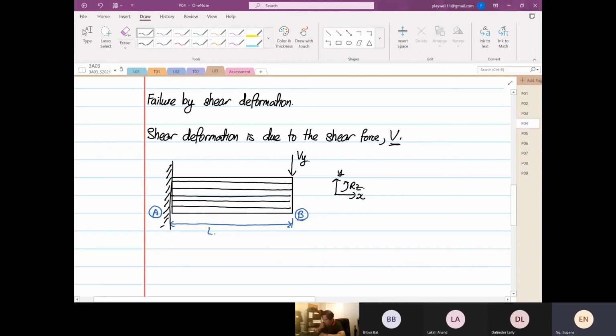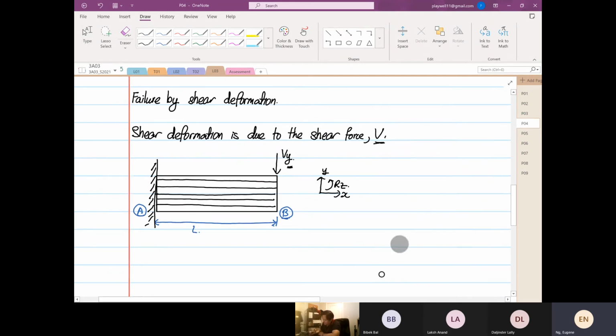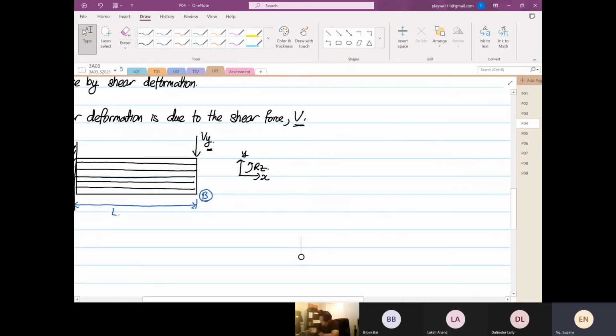So how does the shear failure occur? If we have a V over here, then next I'm going to draw the deformation pattern.